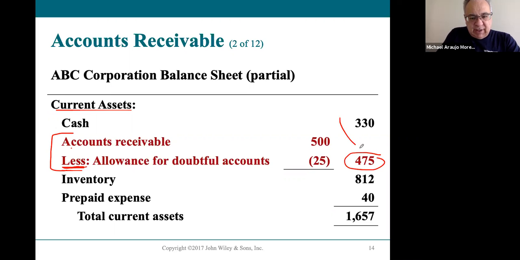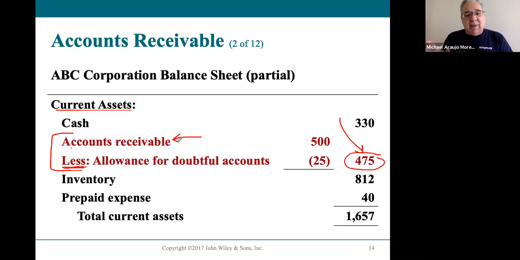The reason we do this is because 475 is a much more conservative estimate of what the value of the receivables really are. Take into consideration what we just said, right? There are discounts, there are returns and allowances, and there are bad debts. There are simply just other businesses that aren't going to pay. We're waiting to receive money from them, but they're not going to pay us for whatever reason. Right.